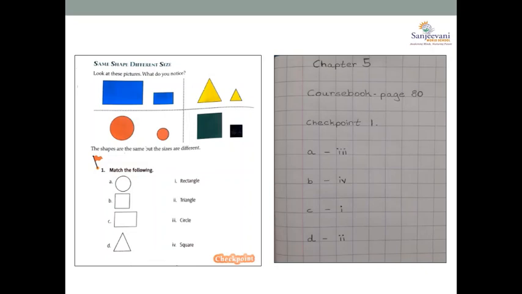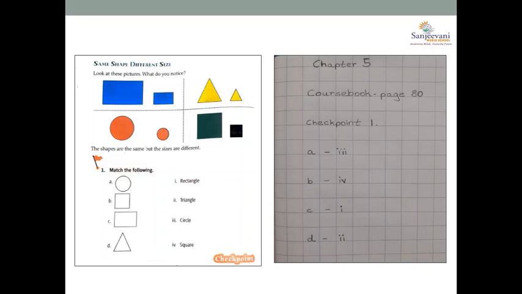C capital O-U-R-S-E B-O-O-K, dash, that is hyphen, course book, page P-A-G-E, space 80. Okay, so you're solving page number 80, checkpoint 1 in your notebook.